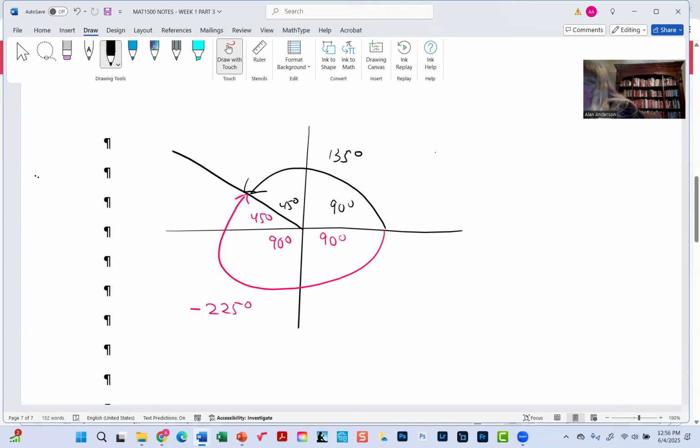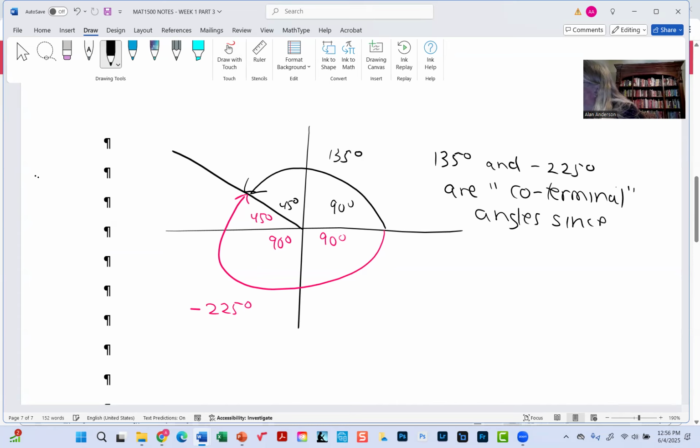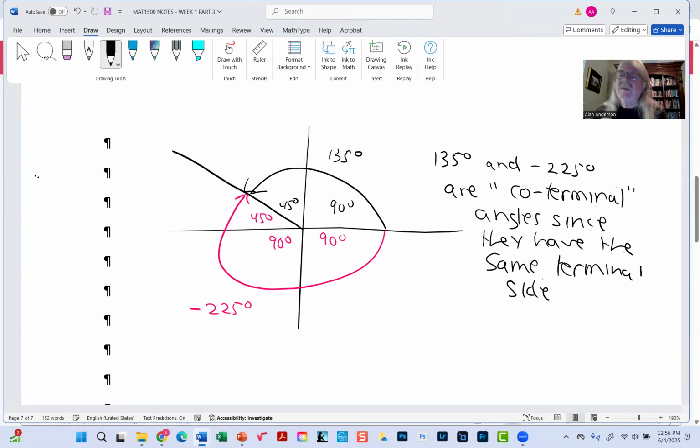So we sometimes say that 135 and negative 225 are coterminal angles since they share the same terminal side. In other words, they bring us to the same point. It must be the same angle in some important way.